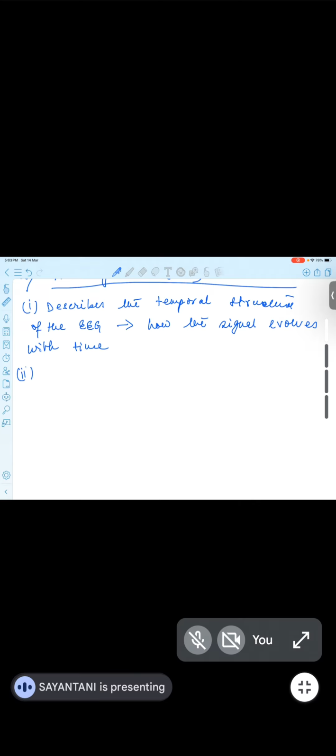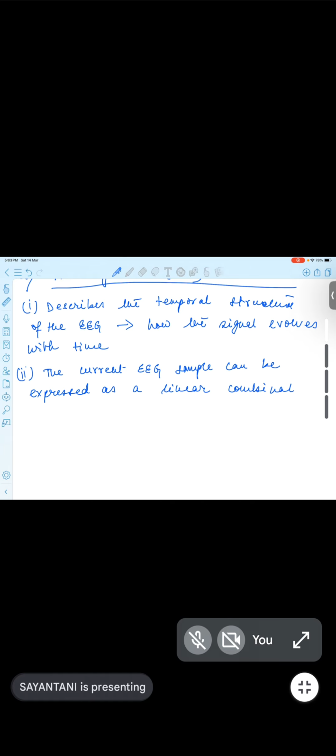So the main idea behind it is that the current EEG sample can be represented or expressed as a linear combination of its previous samples plus a random error term.